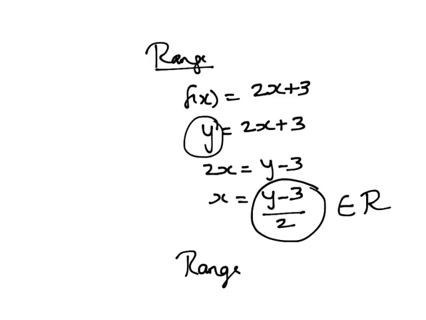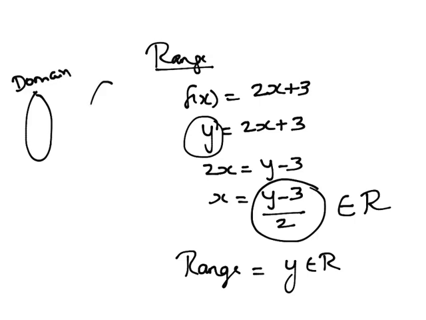So range is y belongs to R. So it means for this linear function, the range is also all real numbers. So what do I mean by that? You know that this is the first set, this is the domain, then you have the codomain.